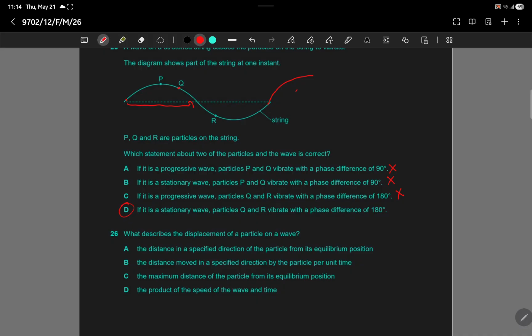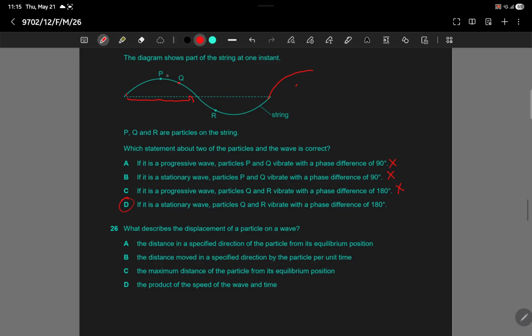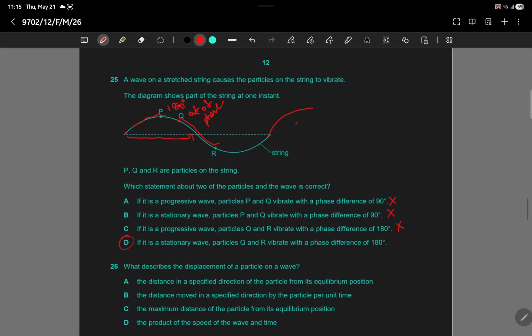But particles in an adjacent loop, separated by a node, vibrate completely out of phase, for example 180 degrees. Hence Q and R belong to opposite loops. This is from this loop and this from this loop. Hence they are going to be 180 degrees out of phase. This is only applicable if it's stationary waves. Hence D is the correct answer.